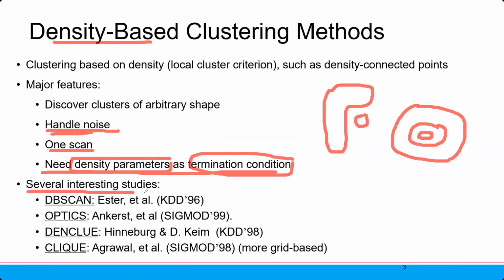There are some studies about density-based clustering. The original one is DBSCAN, and then there are other methods like OPTICS, CLIQUE, and so on. We are going to learn about DBSCAN.